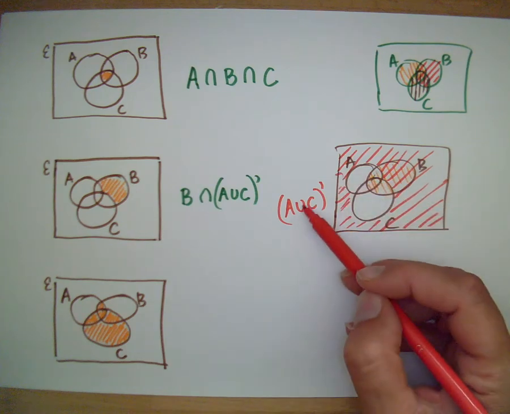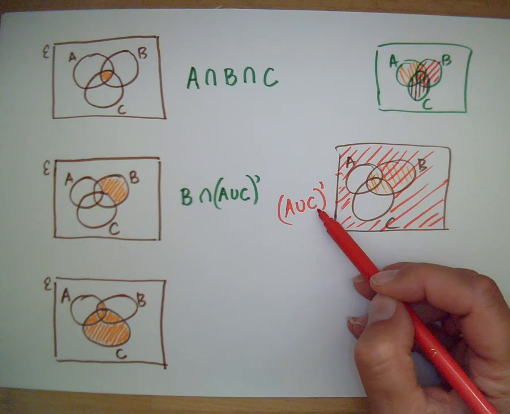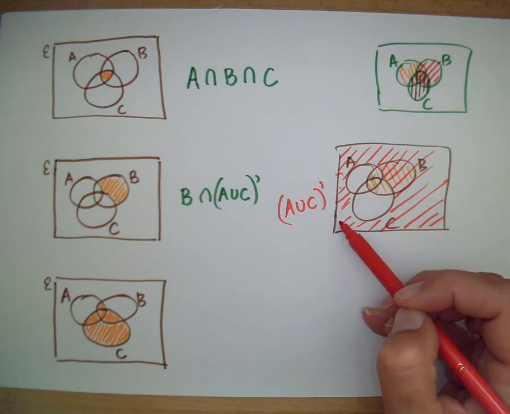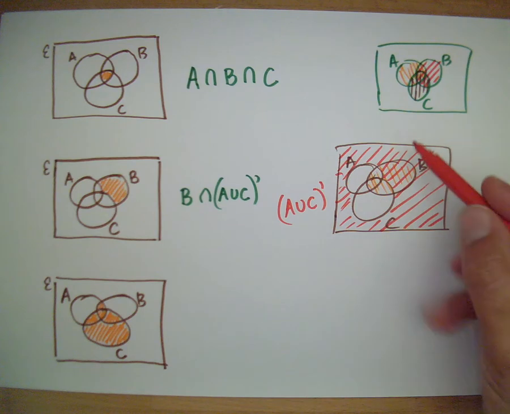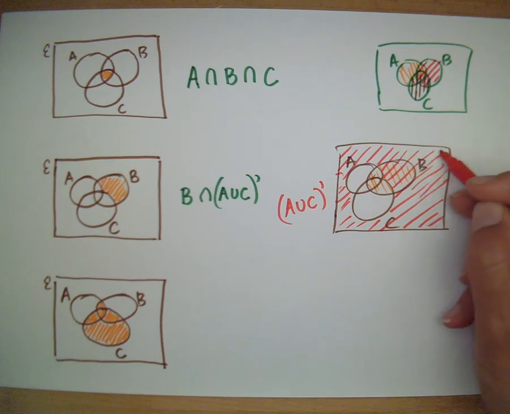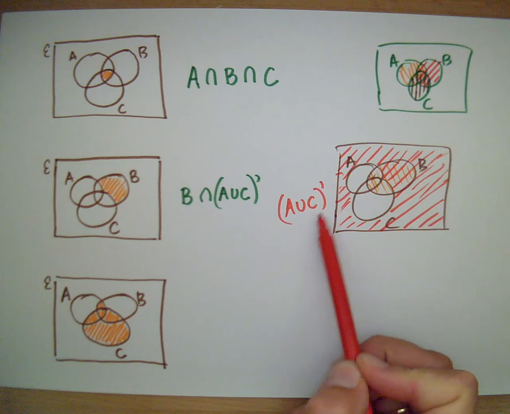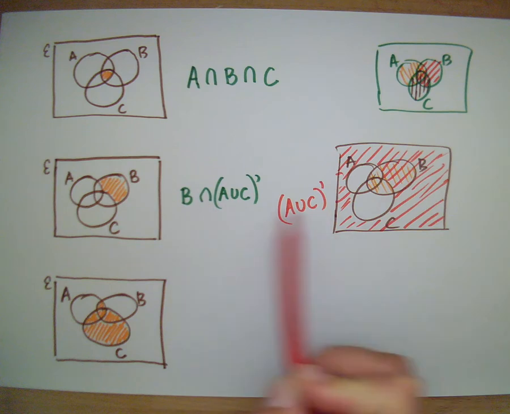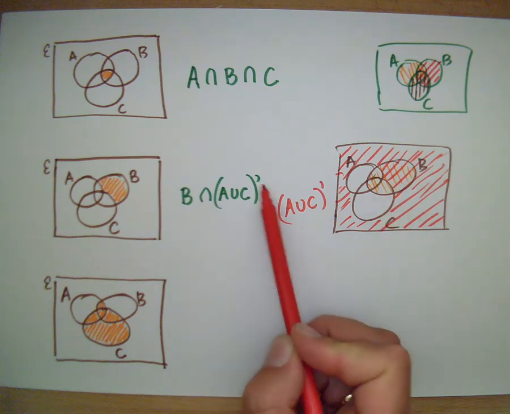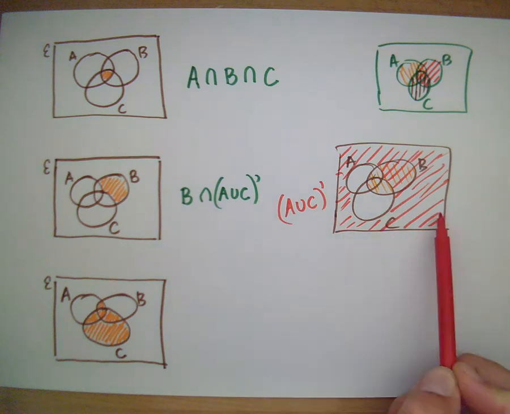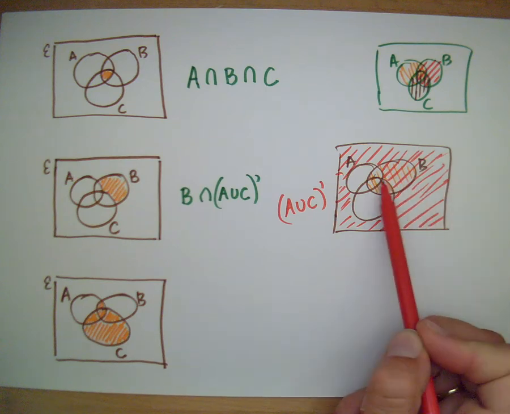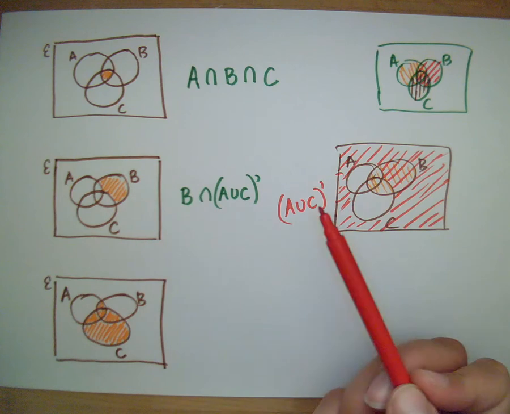Because A union sign C would be the snowman, and this complement sign says, okay, take it the exact opposite, right? That's why I'm coloring this. And now because we're finding the intersection between B, orange, and this expression, red, we're asking where they intersect, where they overlap, and that's this part right here. See?